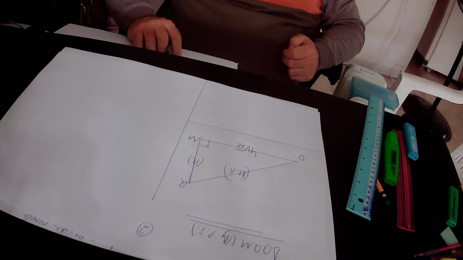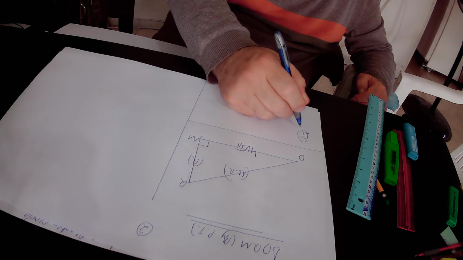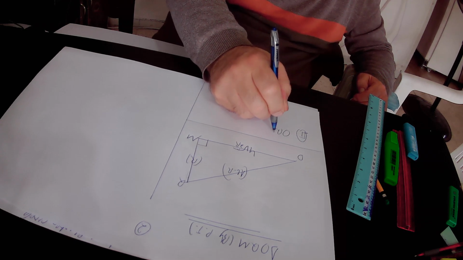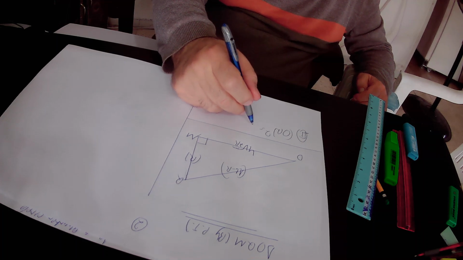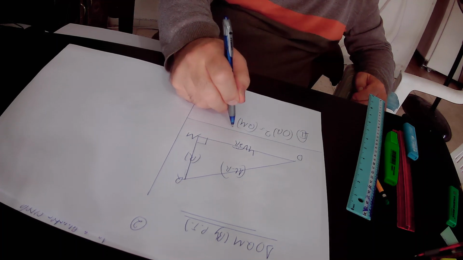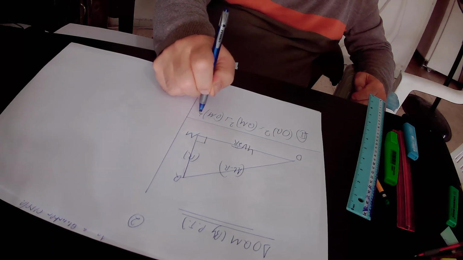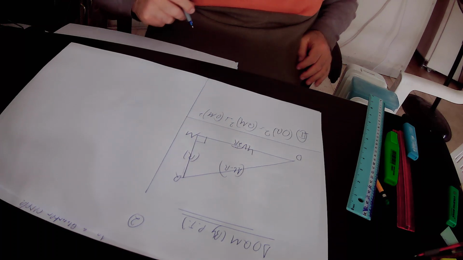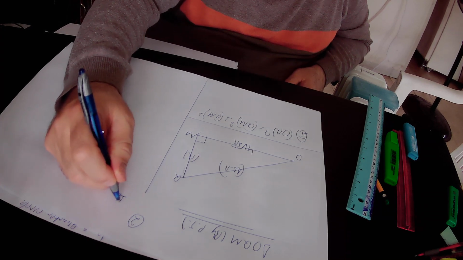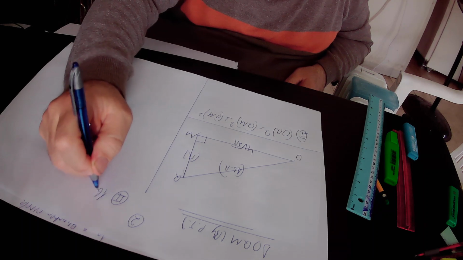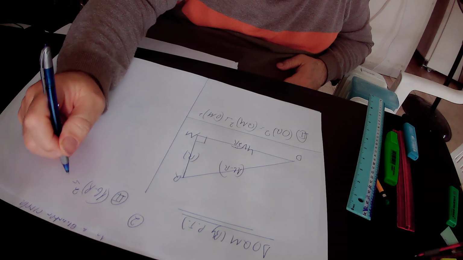In this right triangle OQM, OQ squared, that is the square of the hypotenuse, equals QM squared plus OM squared. The hypotenuse OQ is 16 minus R, therefore OQ squared is (16 minus R) squared, and it equals QM squared.